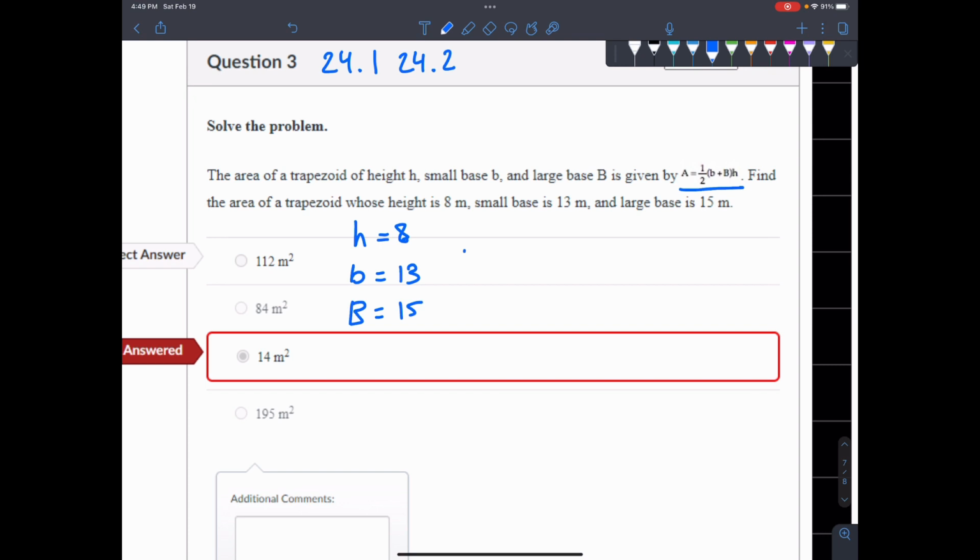So area is going to be equal to 1/2 times 13 plus 15 times the height, which is going to be 8. Perfect. So this is going to be 1/2 times 28 times 8. I'm going to write this down here.